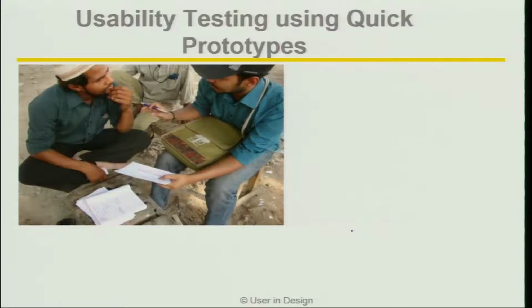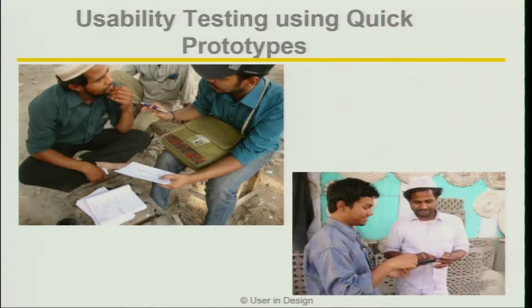You can do this kind of testing where the user is. This is from that project that I showed you, which was based on creating a platform for craftspeople. This is a member of the design team who's the moderator. He's created his paper prototype design, and he's taken it to this craftsperson and is trying to do the test over there.